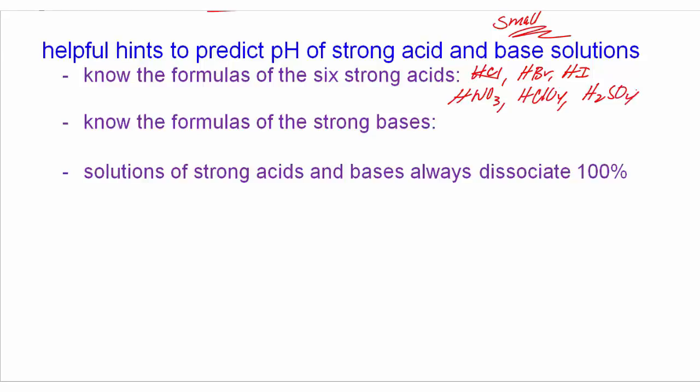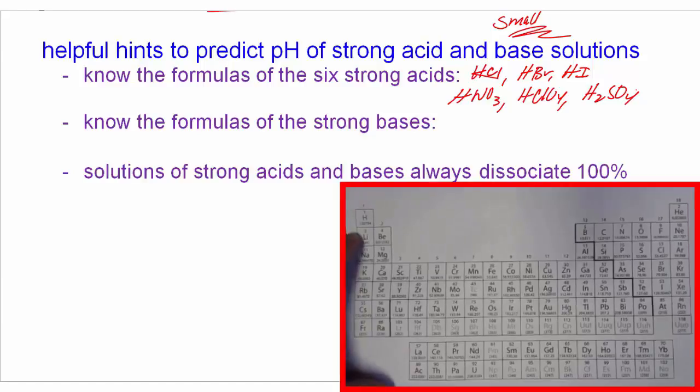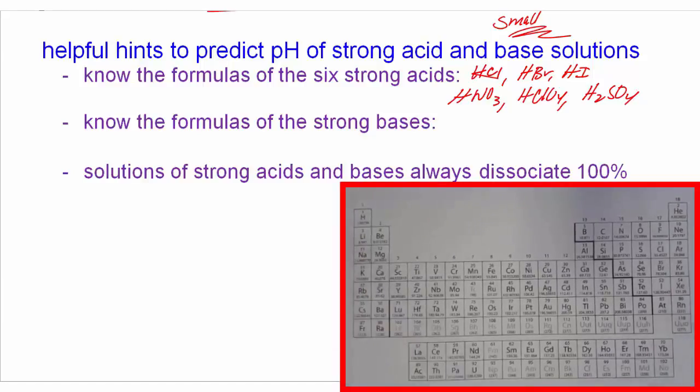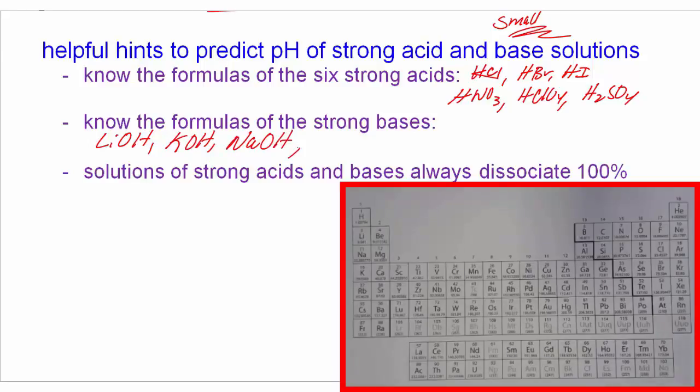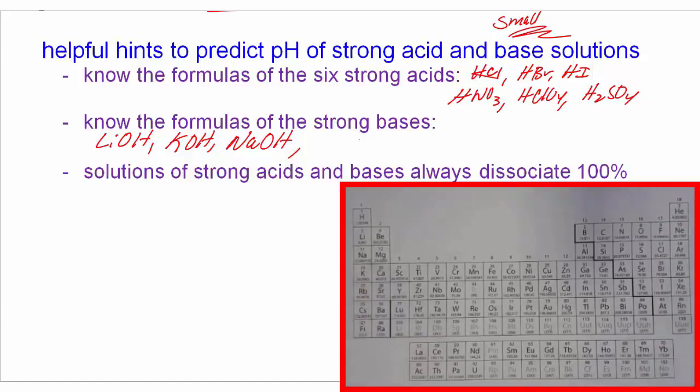Know the formulas of the strong bases. So the periodic table will give us half of those too. Lithium hydroxide, sodium hydroxide, and potassium hydroxide. Okay. The remaining 3 are really right here. Calcium, strontium, and barium hydroxides. These are +2, so we're going to have 2 hydroxides there.